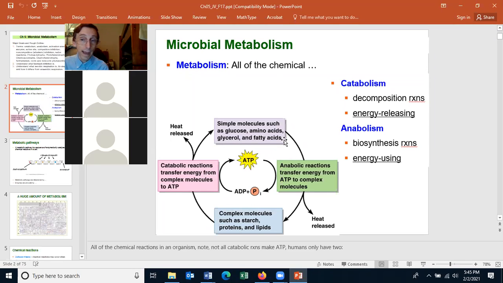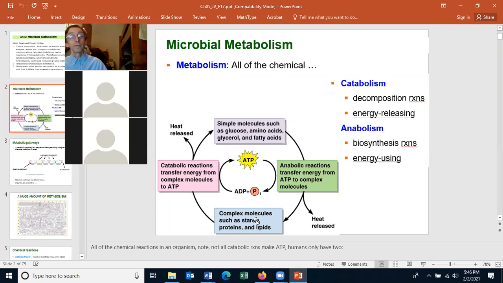The anabolic reactions or biosynthesis reactions, meaning we're making larger molecules, take the energy coming into the system for these reactions to go, meaning they take in energy, and then the catabolism reactions give off energy. A bigger molecule contains more energy in the chemical bonds than smaller molecules.